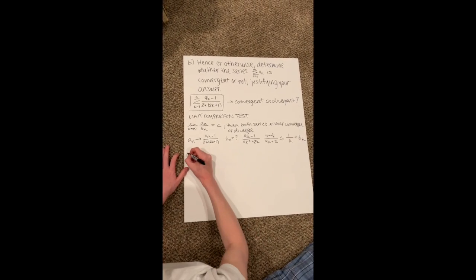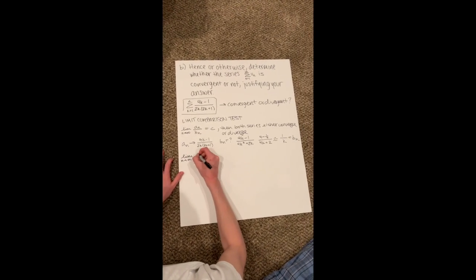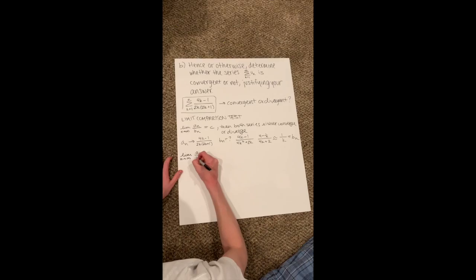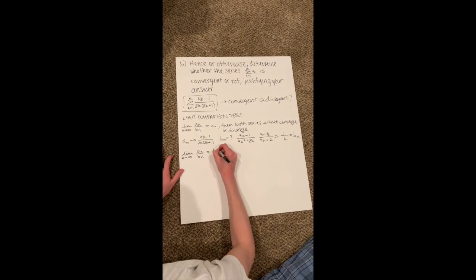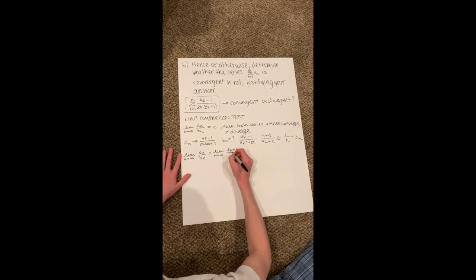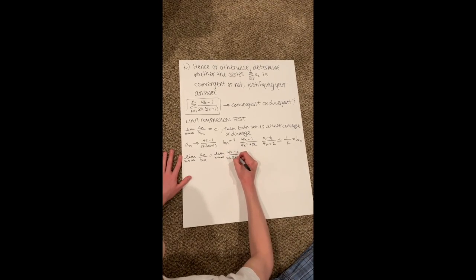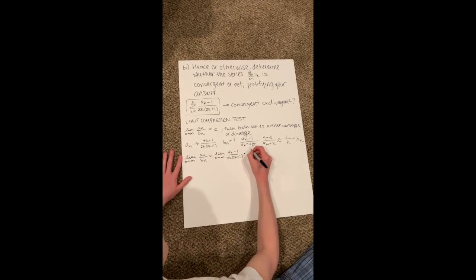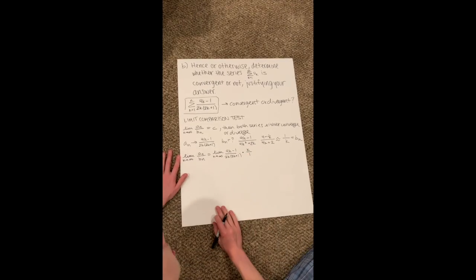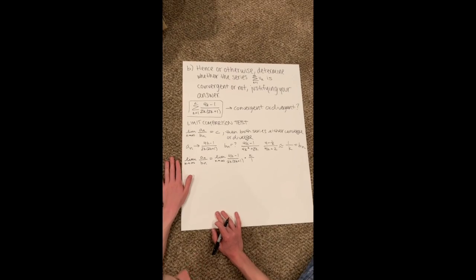Now I'm going to take the limit as n approaches infinity of a sub n over b sub n. That equals the limit of 4k minus 1 over 2k times 2k plus 1, times k over 1, since we're multiplying by the reciprocal in order to do division.